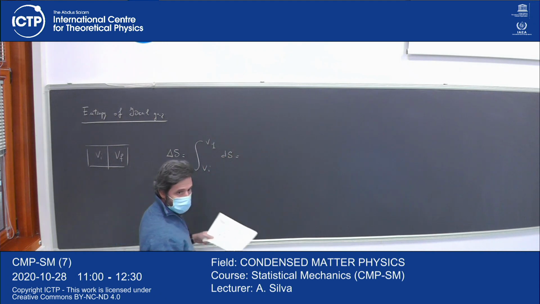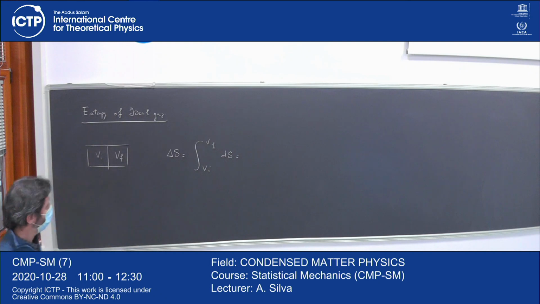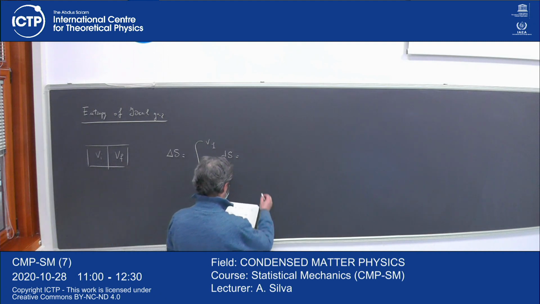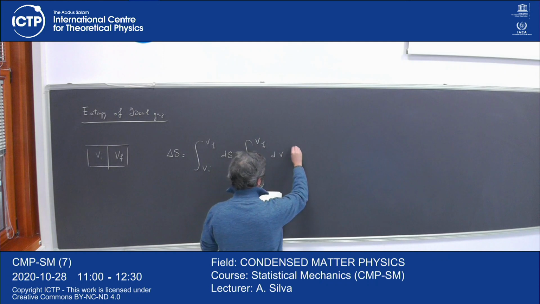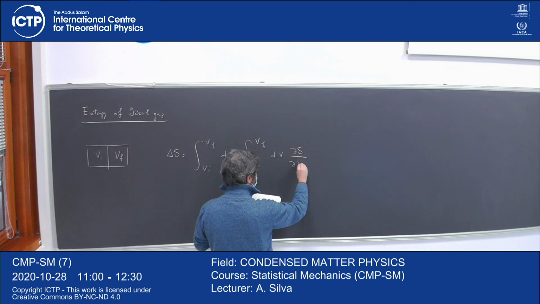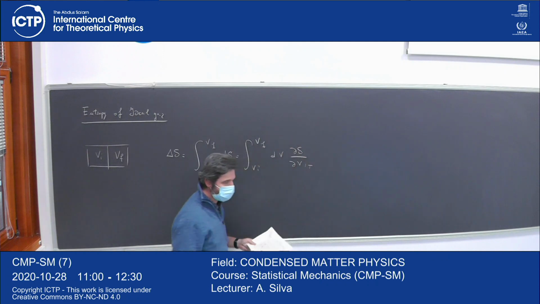Marisa, yes? Is there an exchange with the environment or something? No, let's say it's thermally isolated. All right. So, and then this is the integral from V_i to V_f of dV (dS/dV) at constant temperature.